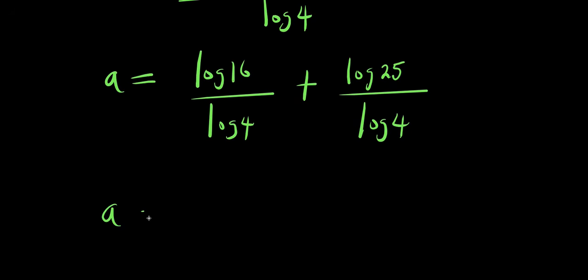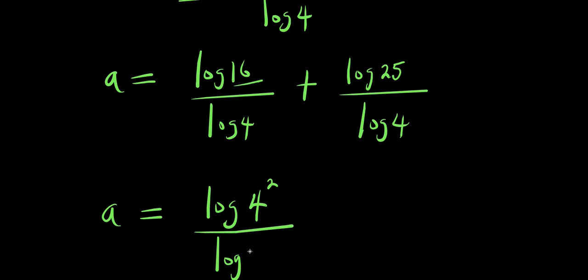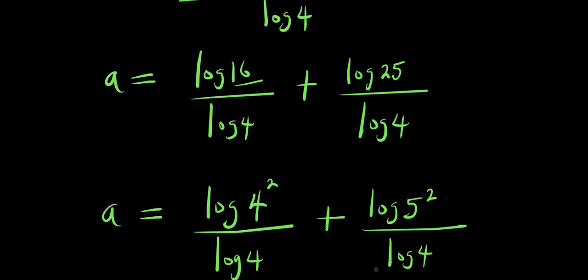Now, I can have a equals, log 16 is simply 4 power 2, divided by log 4, plus log 25 is simply 5 power 2 divided by log 4.